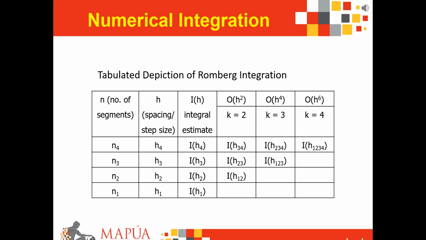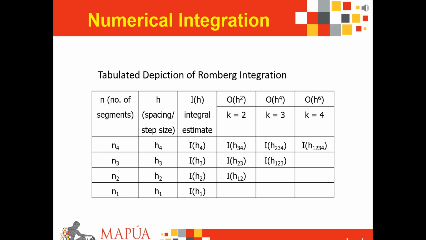And you usually write down the integral estimate starting from the most accurate integral estimate down to the least accurate integral estimate. So shown here on the table, if I compare all 4 integral estimates, IH4 is the most accurate integral estimate.